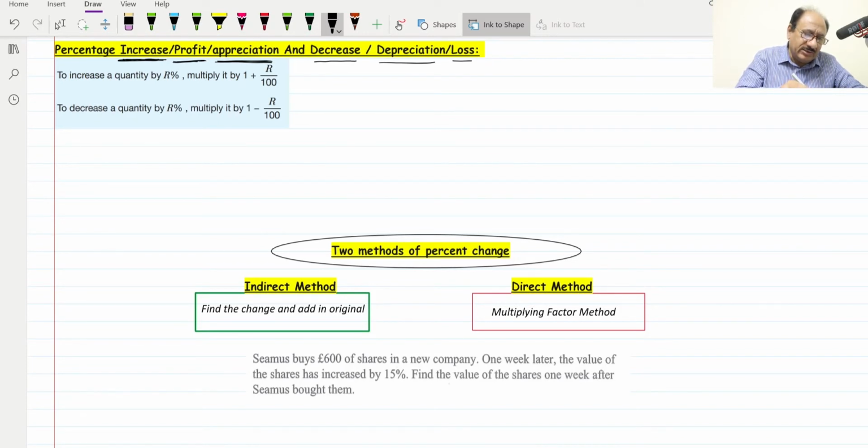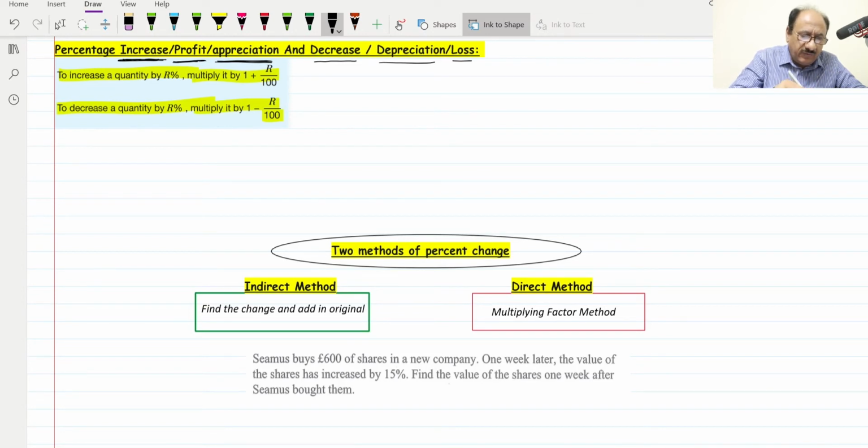To increase a quantity by r%, multiply it by 1 plus r over 100, and to decrease the quantity by r%, multiply it by 1 minus r over 100. This is the method we will use for increase and decrease.